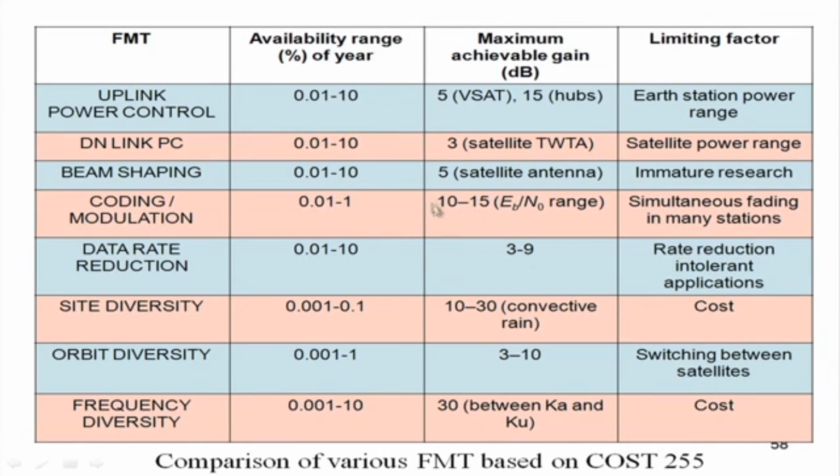So 10 to 15 dB is quite a large number compared to power control FMT, either downlink or uplink power control. The other technique is data rate reduction, which we just discussed. There also you get a good amount of achievable gain, 3 to 9 dB, but it depends on the type of service or application you are using.